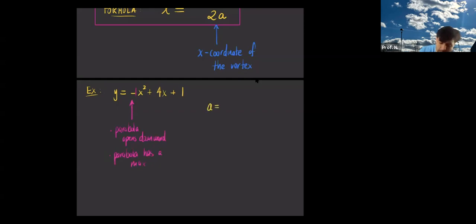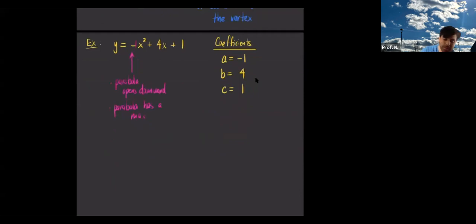From here, what can I figure out? I can figure out what the A value is, what my B value is, what my C value is. I can find the constants, right? Or the coefficients. So what are my coefficients? Negative 1, 4, positive 1. Those are my coefficients. And then under the formula, what would be the axis of symmetry? x equals negative b over 2a.